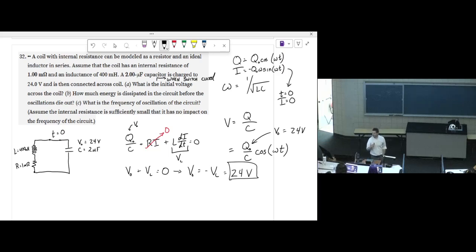So we have 24 volts across the inductor at time t equals 0. Just like we'd hope there'd be. If we go from 24 volts here to 0 volts here, and there's 0 voltage drop across this resistor, that means we go from 0 to 24 volts across the inductor.